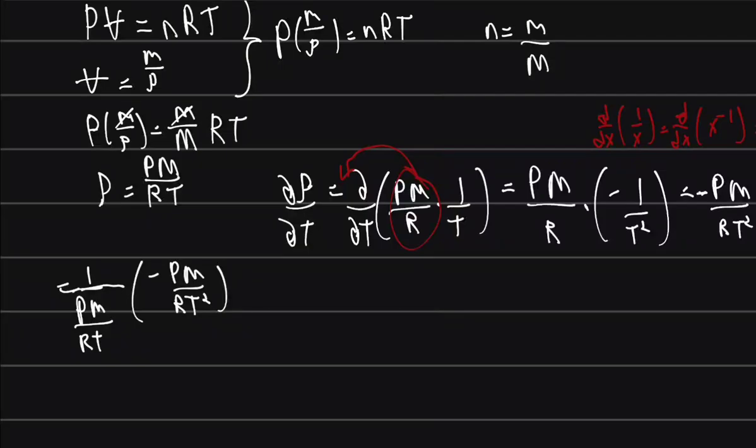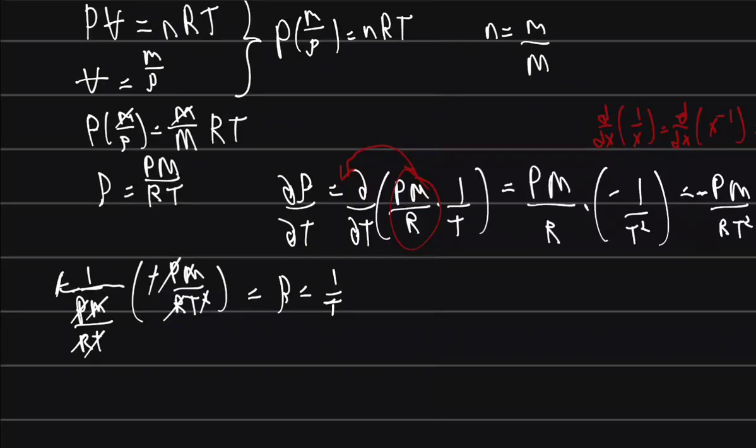Well, we have density on top, density on bottom, mass on top, mass on bottom. We have R on the bottom, and we have R on the bottom of the bottom, which means it's on the top. So they cancel. And one T cancels. These negatives, negative times a negative is a positive. And so then we're left with beta is 1 over temperature.